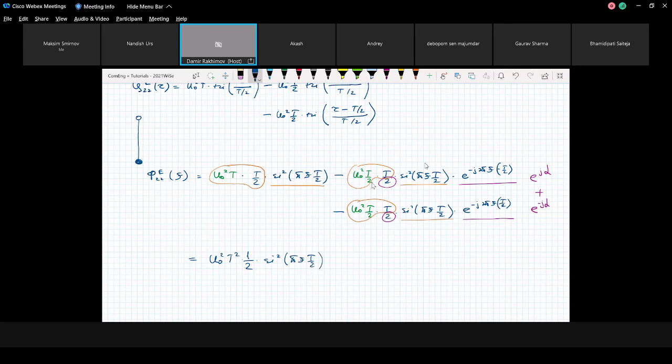And then inside parentheses, I have 1 minus cosine of 2 pi f t by 2. And how can I write 1 minus cosine?